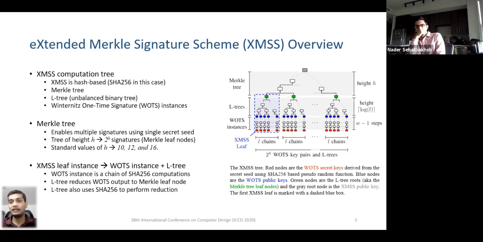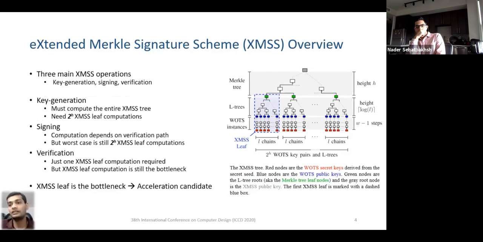The L tree and the Merkle tree then reduce the WOTS public keys into a single XMSS public key, which is the root node of the Merkle tree. This reduction is also performed using the SHA-256 hash function. Going forward, we will refer to the WOTS instance and the corresponding L tree as the XMSS leaf instance, as depicted by the dashed blue box. We do this as it is the most used and most compute-intensive portion of the XMSS signature scheme.